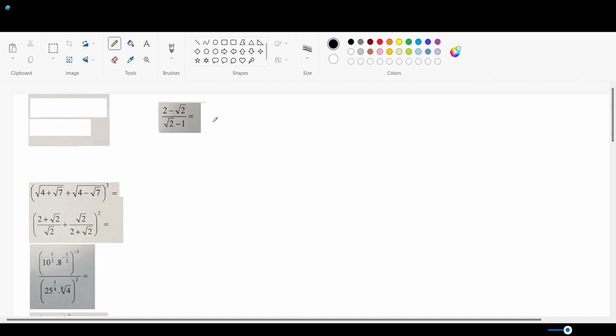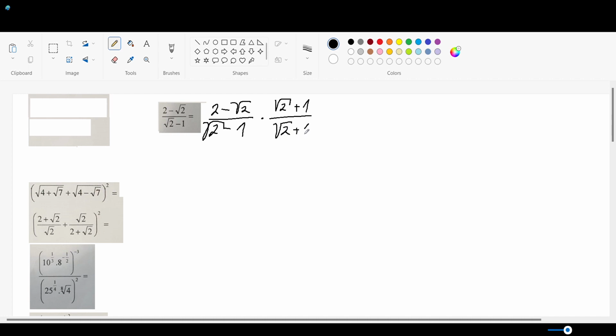The easiest way to do it would be to multiply this fraction by the number 1, but we will represent the number 1 with this expression.